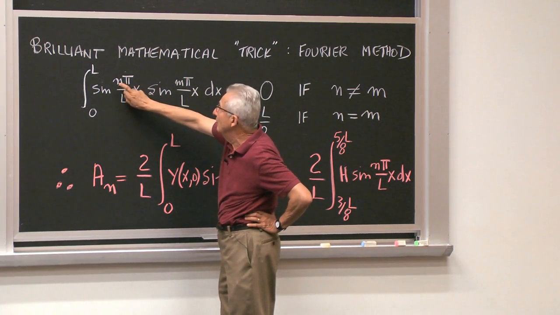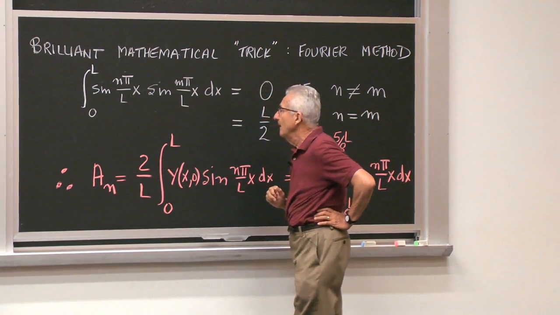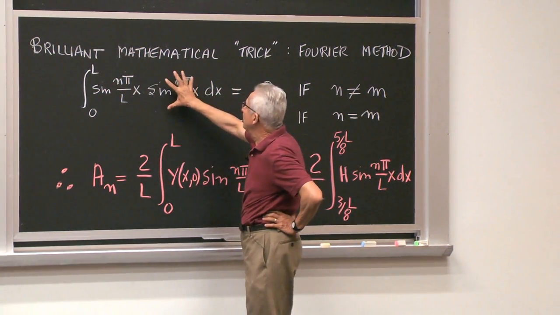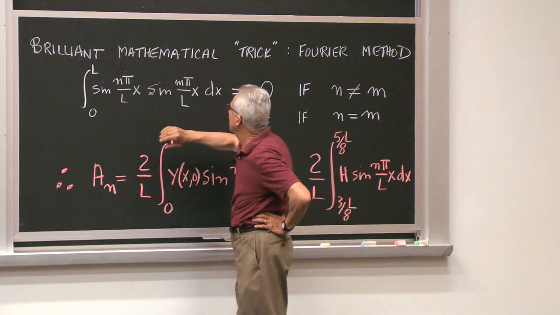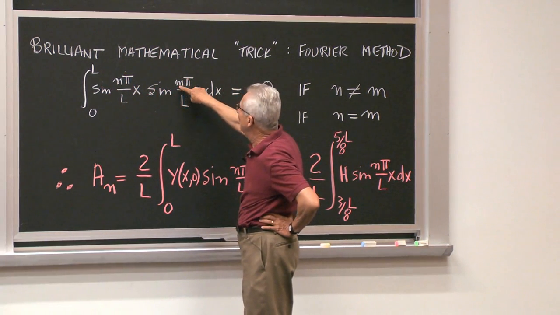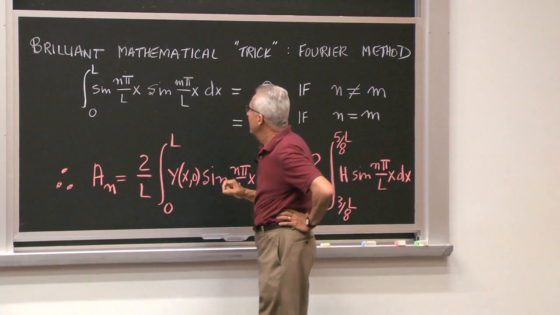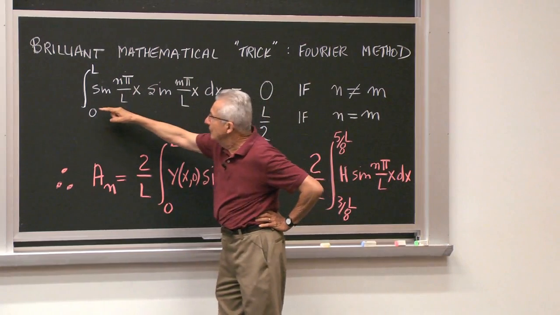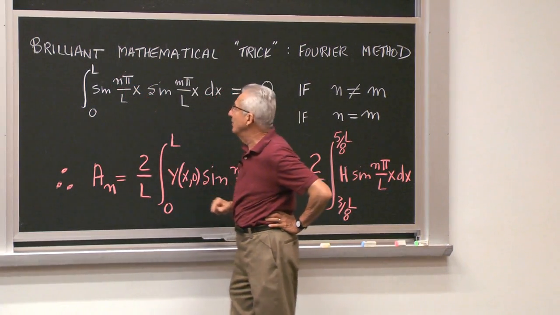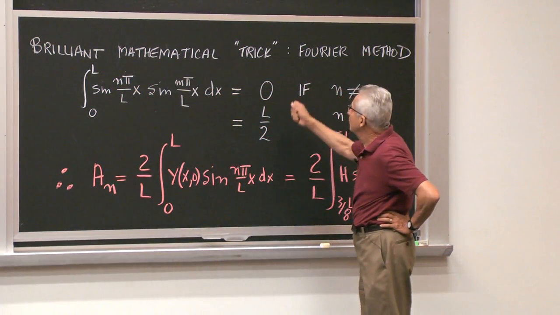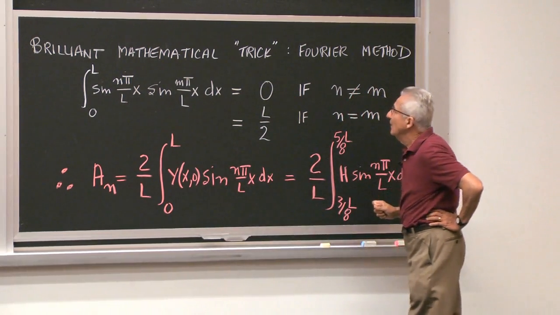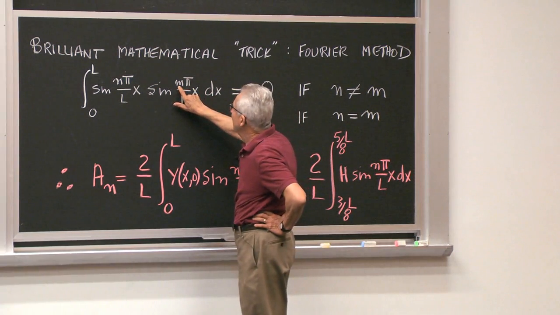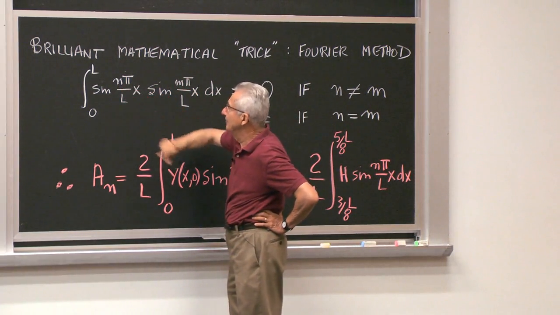It's 1, 2, 3, 4, 5, 6, etc. If you multiply it by a similar function, but with a different value of m, then this integral from one end of the string to the other is equal to 0 if the m you've chosen is different than n.